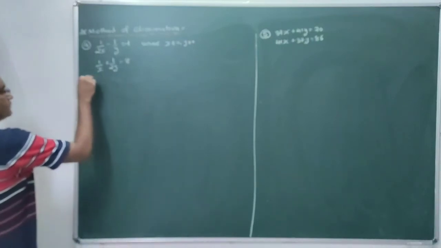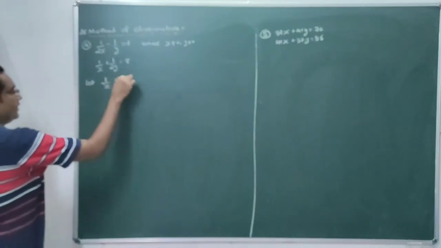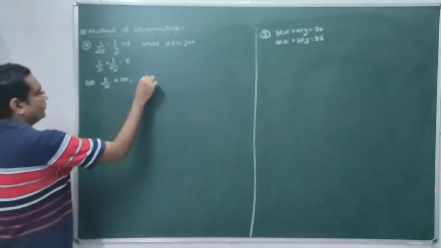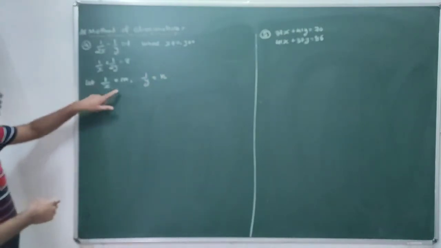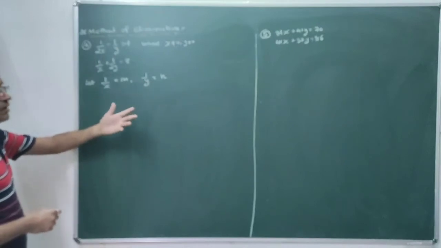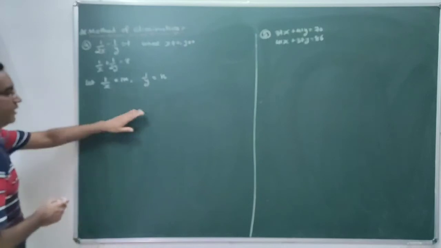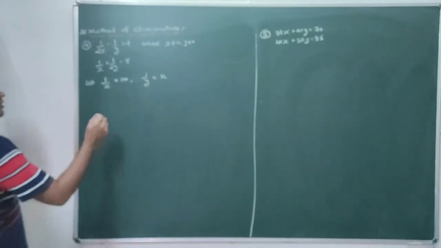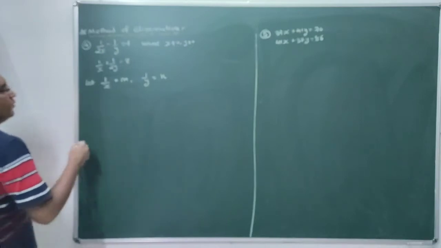For example, 1 upon x equal to m, and 1 upon y equal to n. So replace 1 upon x and 1 upon y with the variables m and n. So these equations are converted into a pair of linear equations in two variables. So these are said to be reducible equations to linear equations.